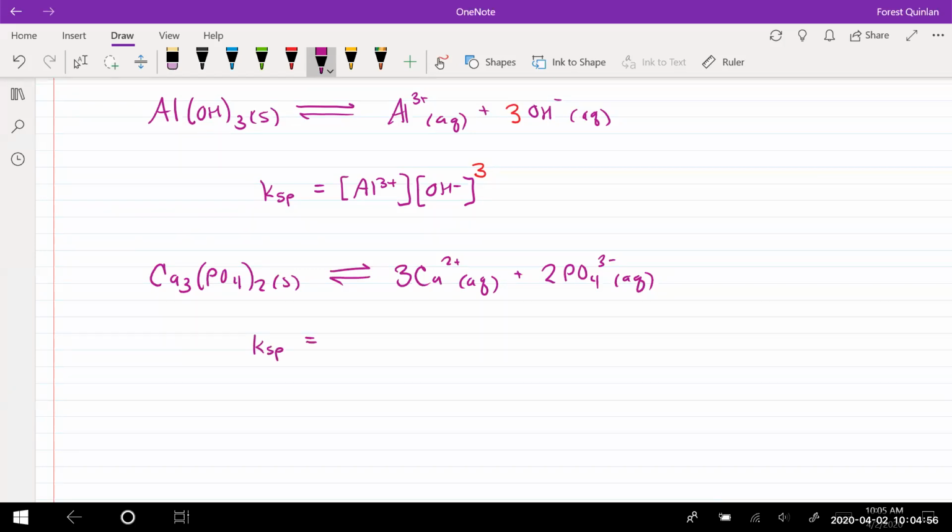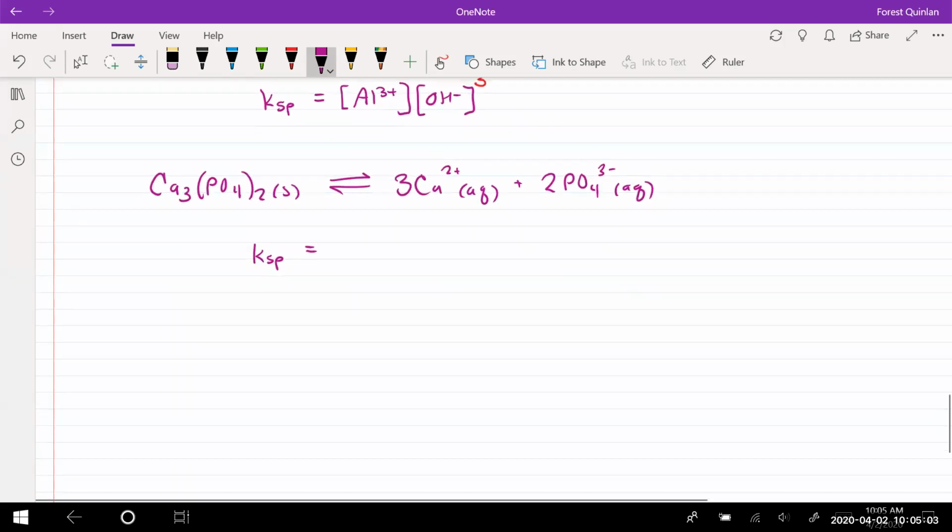I don't know how you became the great gherkin, but you're the great gherkin now. Caroline, for the win. Tell me how to do it. Okay, so you're gonna have Ca2 plus cubed times PO4 3 minus squared. That is correct.